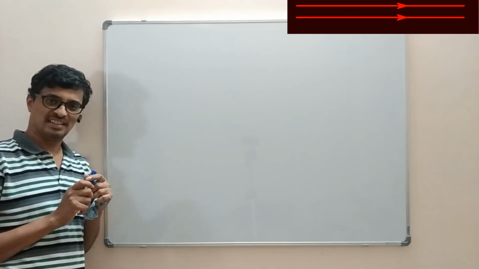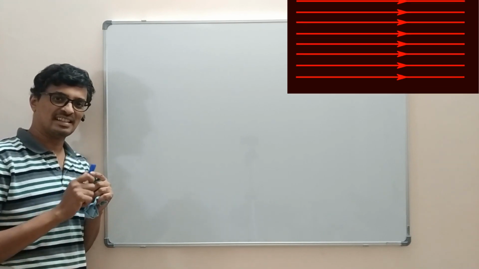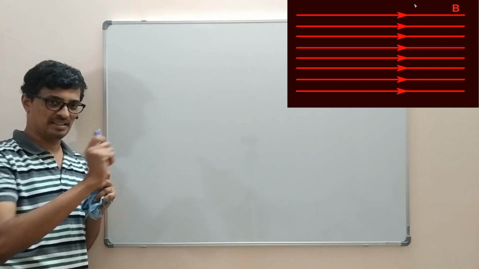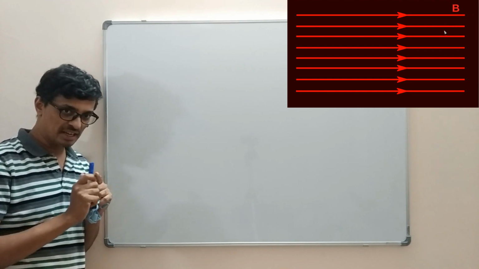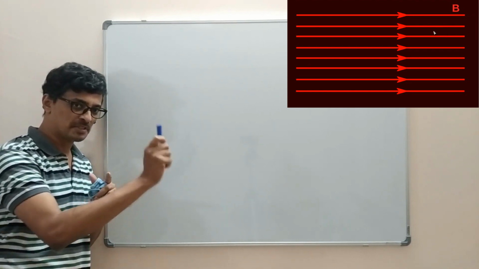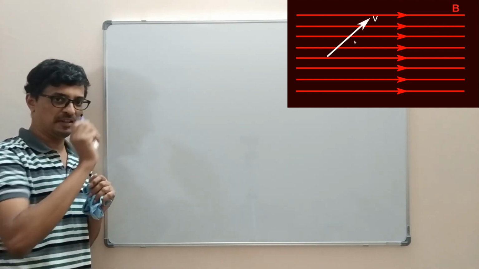To start with, let us consider a uniform magnetic field, and let there be a charged particle with a velocity v.